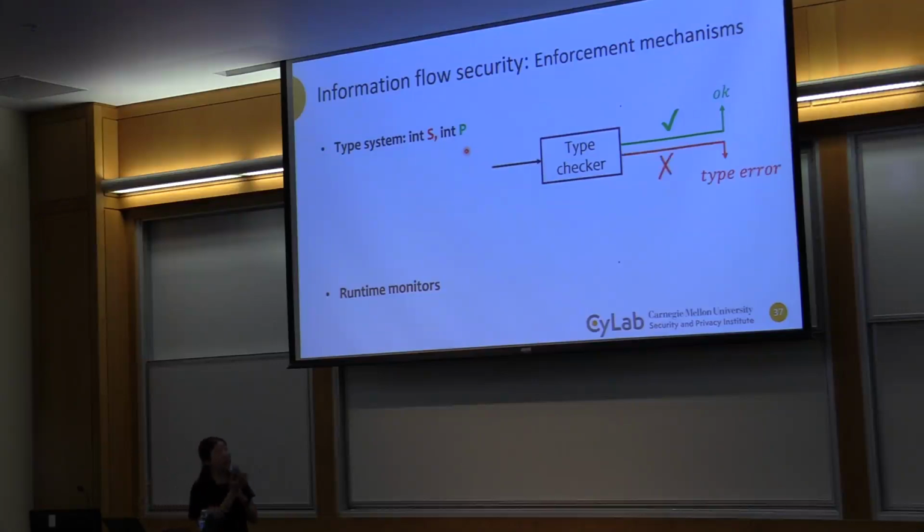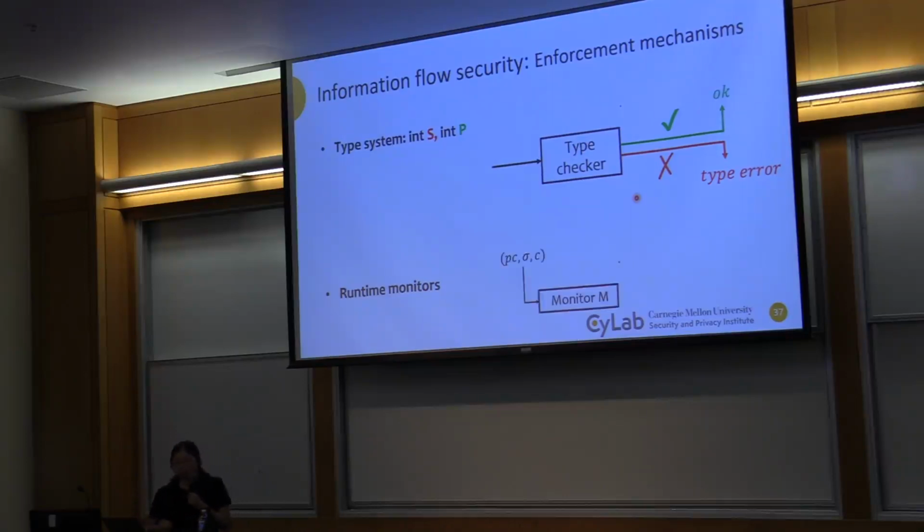Or it throws a type error, and I'm going to say the program might leak information. Because static analyses are typically over-approximations, they're conservative. So when the type checker says, oh, this might be a problem, it doesn't mean in reality there's a problem. It's just that the type checker will conservatively reject the program so that it definitely won't leak information.